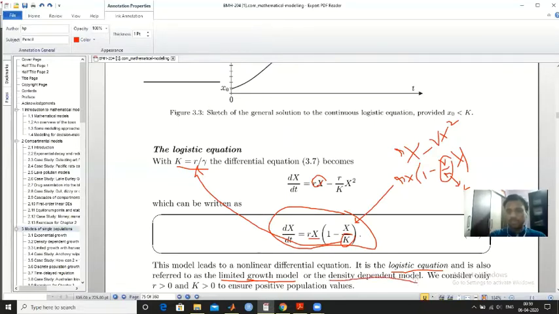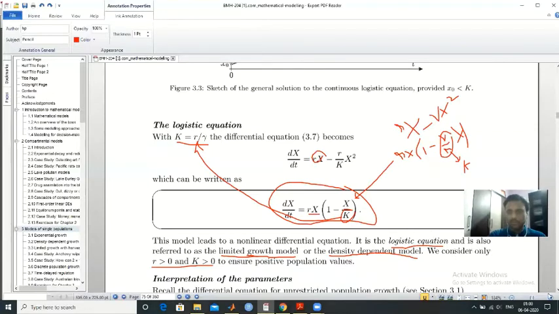Why density dependent? Because it depends on x. And we consider only R and K positive, because we have considered all parameters alpha, beta, gamma positive, so K will again be positive. So this is, I think, clear.